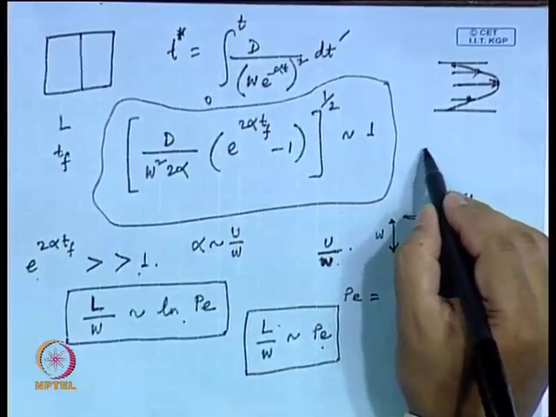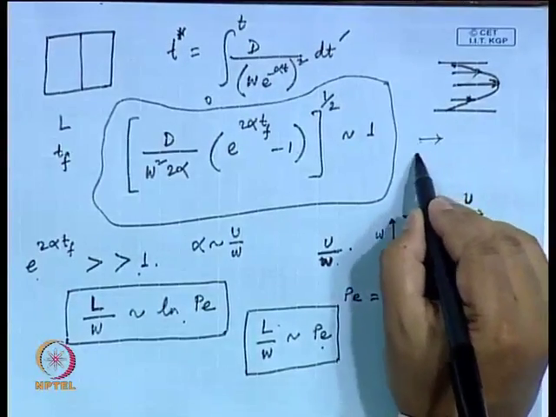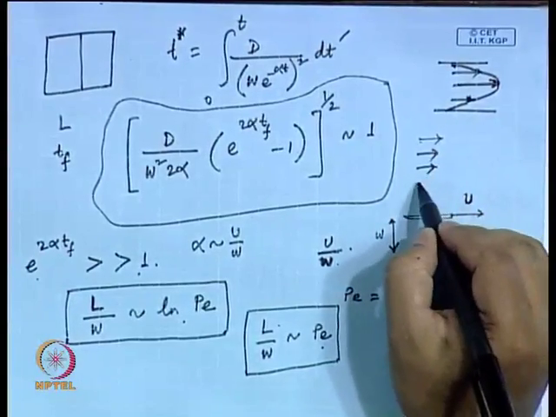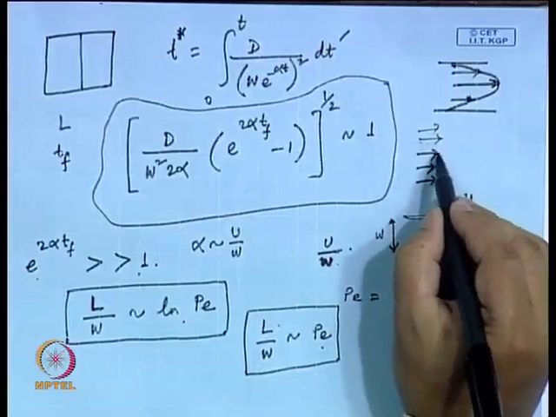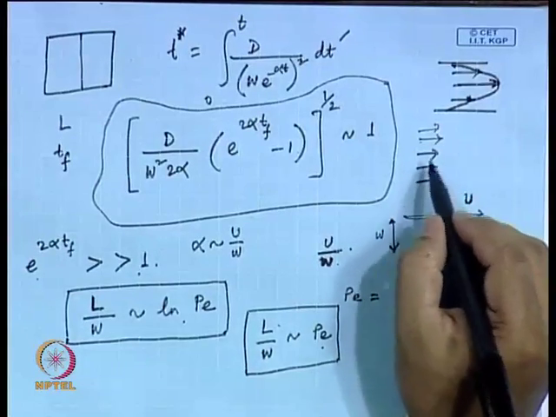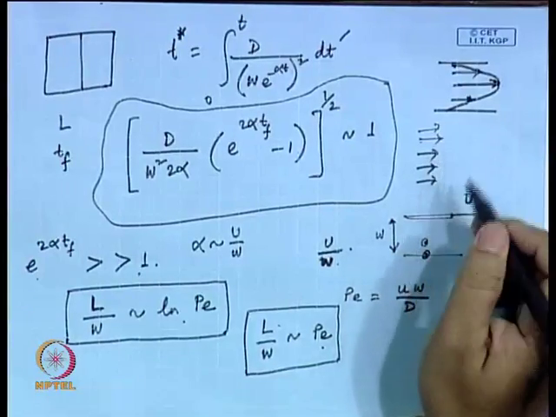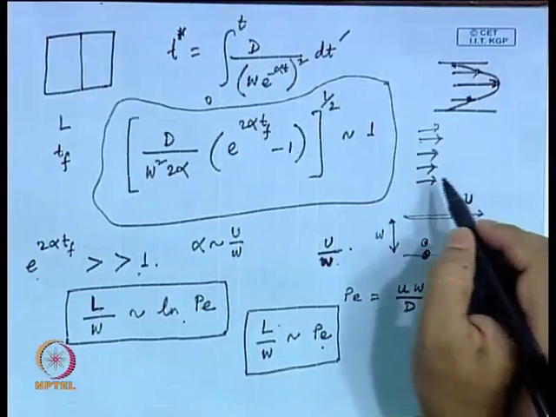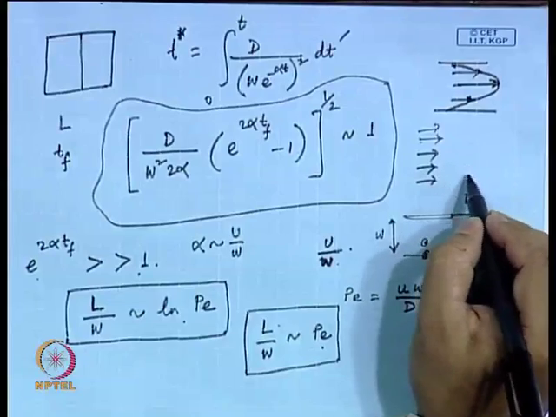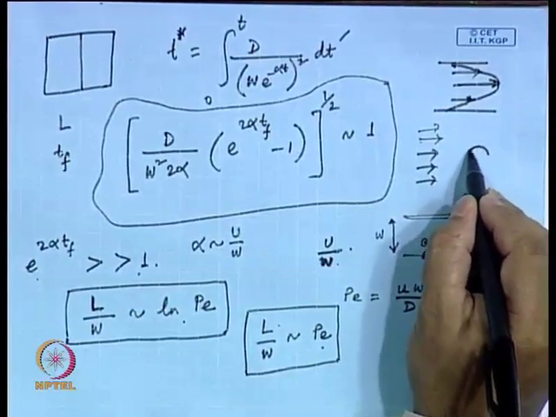Or in other words, suppose I had a potential flow. Potential flow means free stream flow, all the layers flowing en masse. There is no layer sliding against the other. Then you have a pillar here.